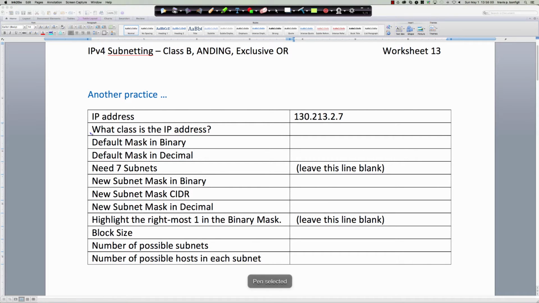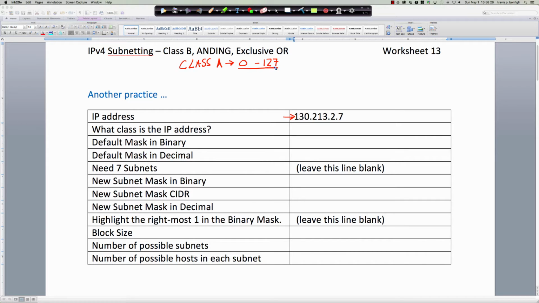You can see that we've got another practice activity here. So what class is the IP address? Well, it's 130. So remember that we said that Class A addresses, right? When we take a look at Class A addresses, those are going to be from 0 to 127, right? Now, this is the technically correct and mathematically correct range.